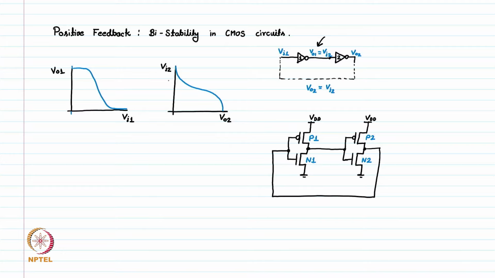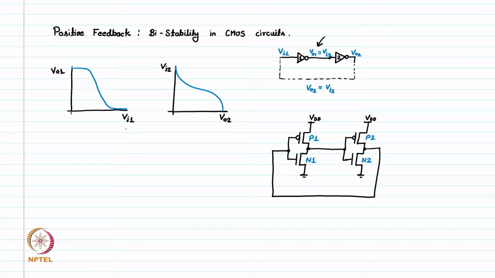For a low value of input, the output is high, and when we increase the input, the output gradually goes down to 0, and this is a gradual change depending upon the gain of this inverter.